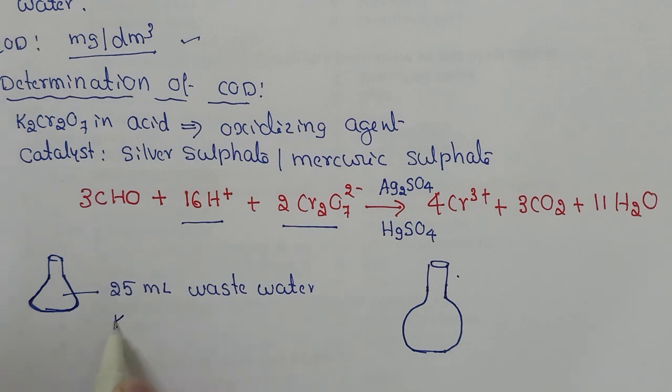K2Cr2O7 is added in excess, and it is acidified by adding 1 test tube of sulfuric acid H2SO4.